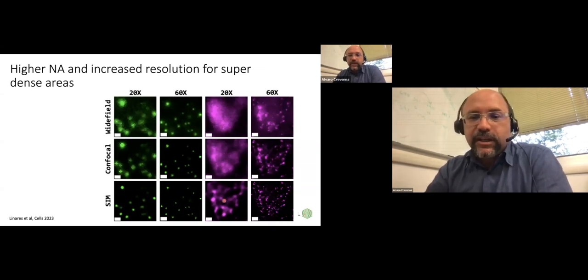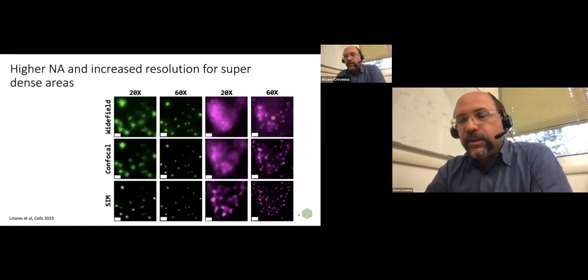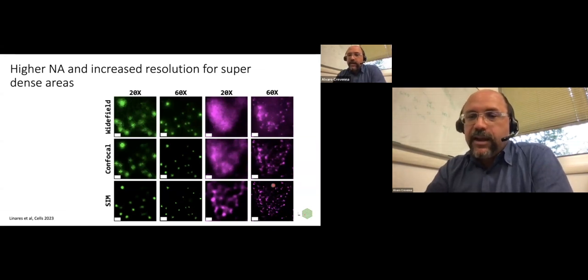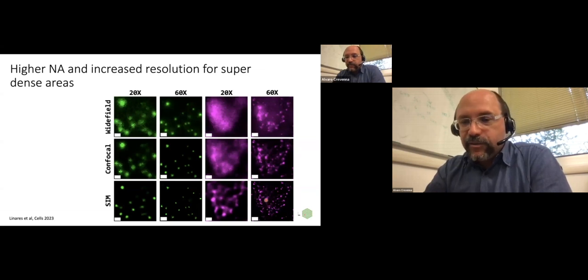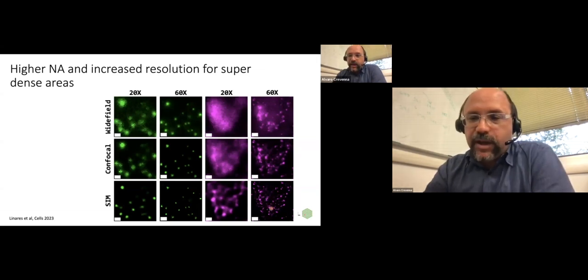In this particular case, not even the use of structured illumination helps you. You need both the increase in signal that you capture with the system and the increase in resolution from structured illumination to make sense of all the different dots in this dense area.